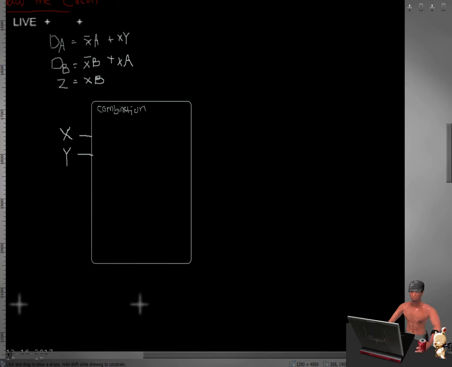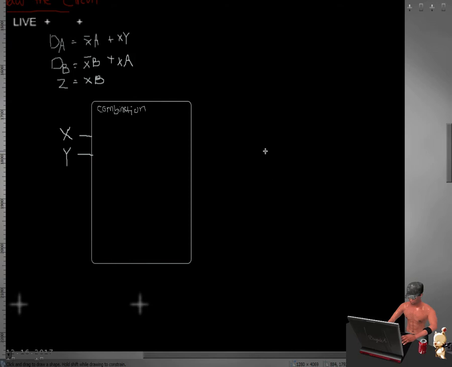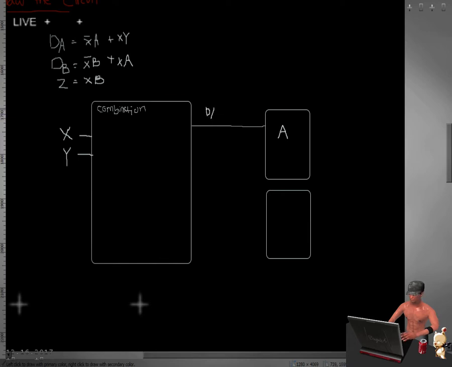Alright, now we're gonna have our flip-flops. We have two flip-flops, unfortunately. Let's do this. Flip-flop A. And we're gonna have flip-flop B. This is flip-flop A. This is DA. This is DB.